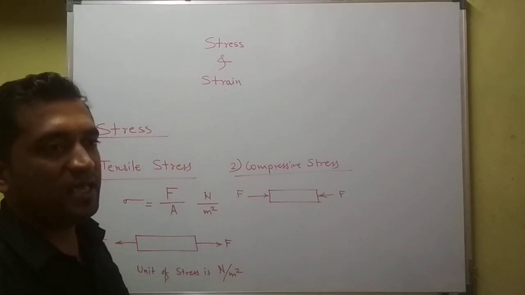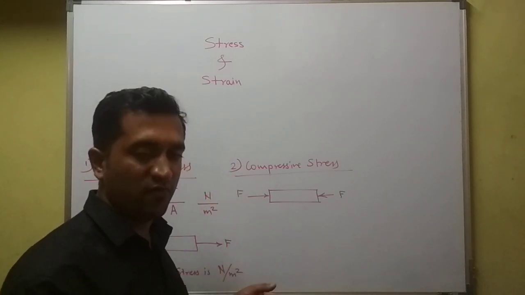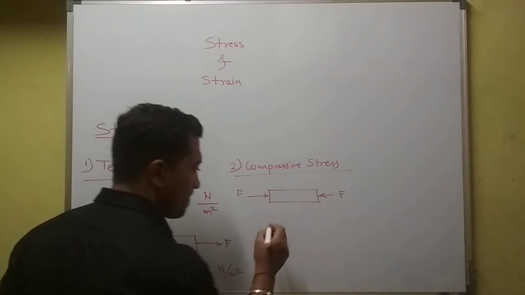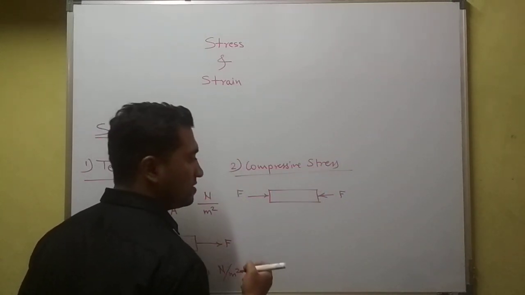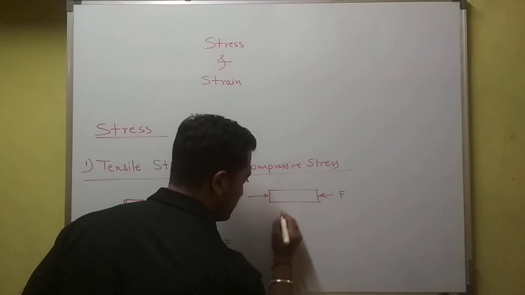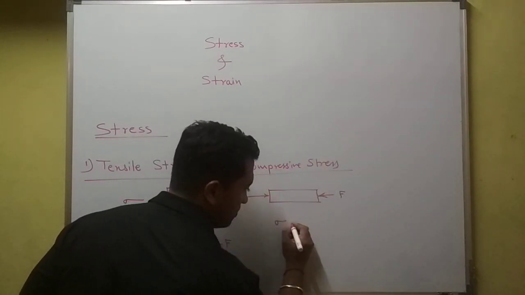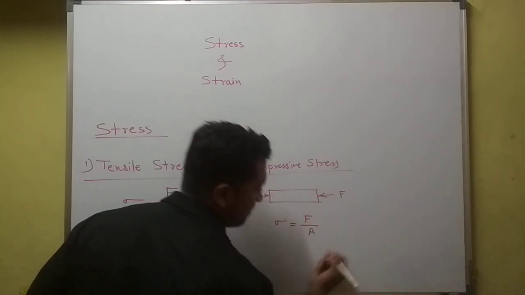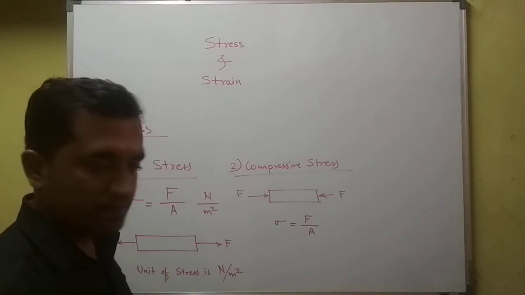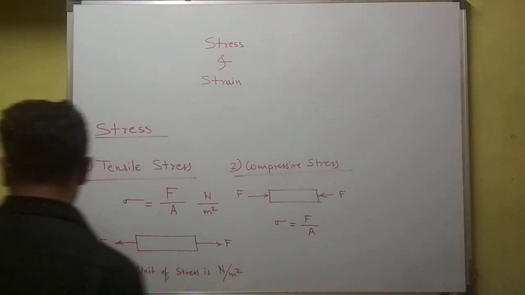When any body is subjected to a compressive force, that body develops compressive stress. So sigma equals F by A. Understood? Now, next one.